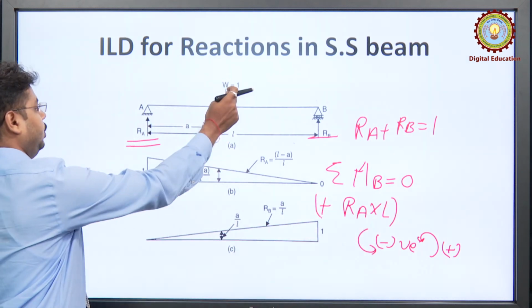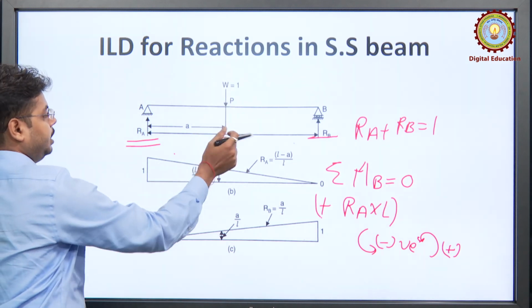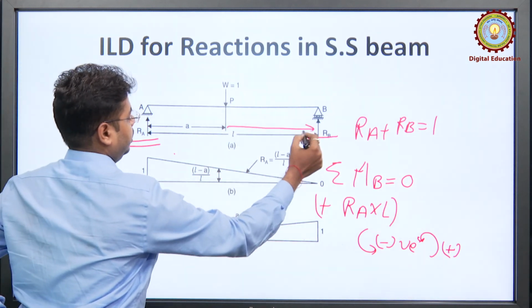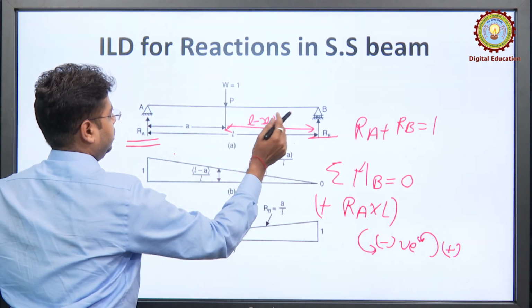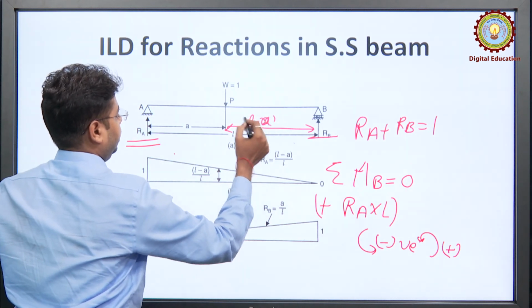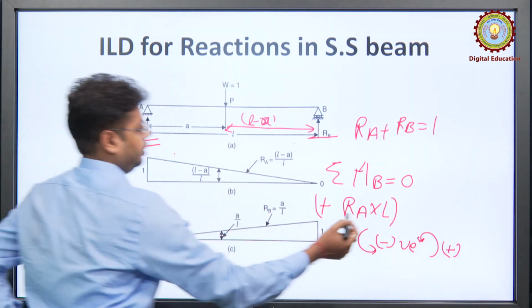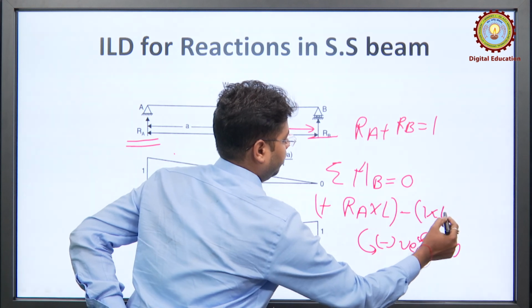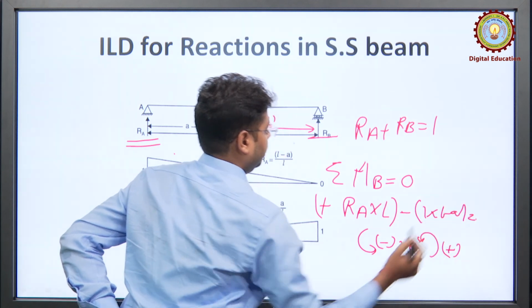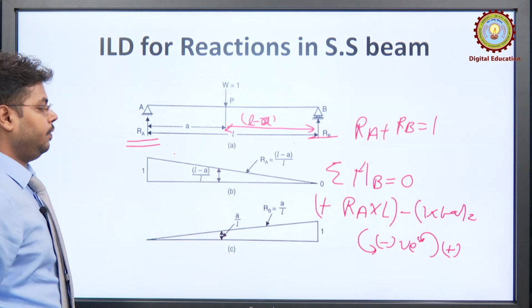Here the unit load is 1 at a distance L minus A, then anti-clockwise 1 into L minus A. Then what will be the reaction RA?